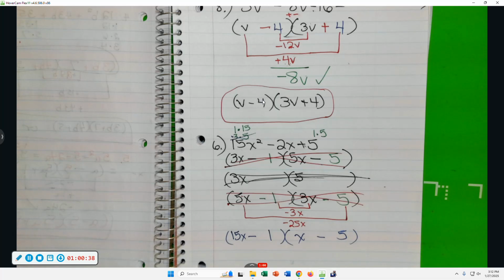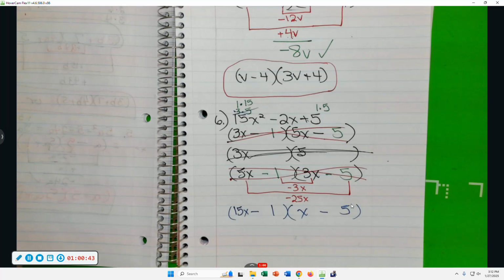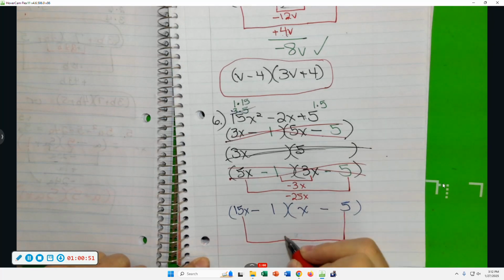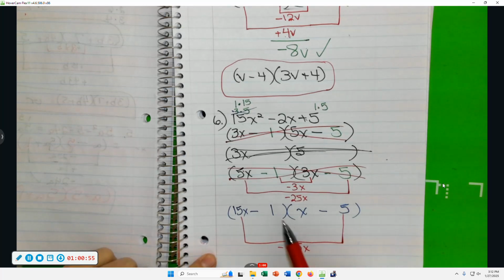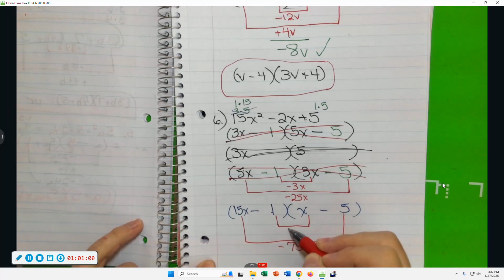You see what we mean, you're going to get a big middle number. 15 times 5, that outer product, is -75. Are we going to be able to get that -2x that we needed? -1 times x is -1x.